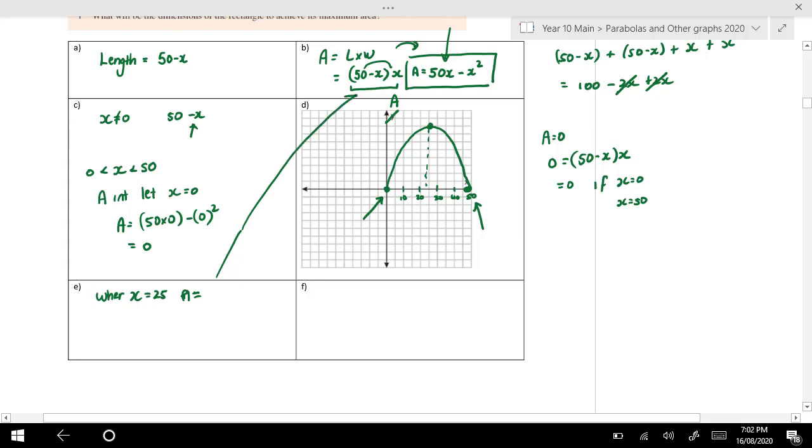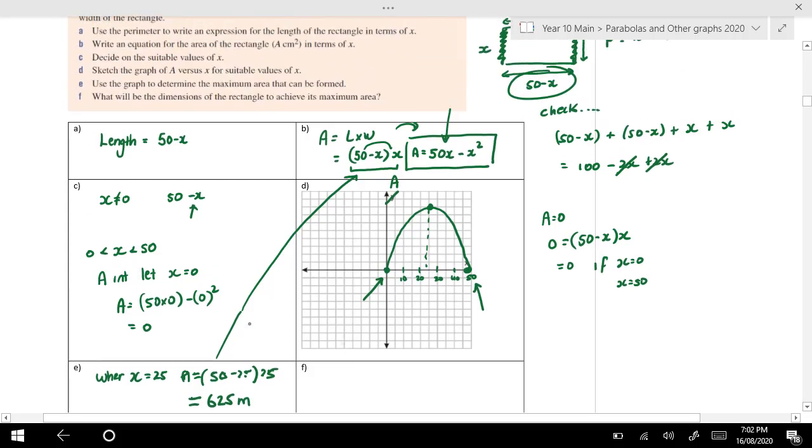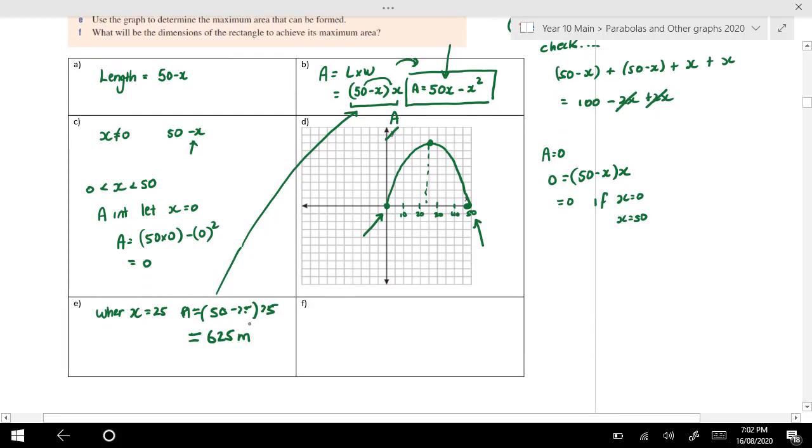So you've got 50 take away 25, and then that would be times 25. Now 50 take 25 is 25. 25 times 25, you can use a calculator if you like, is 625 square centimeters.